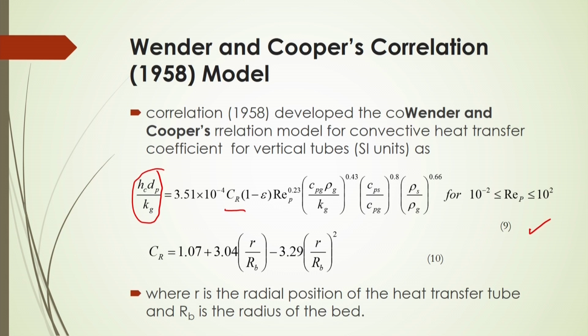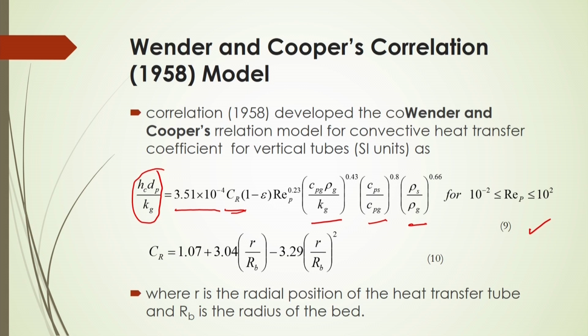So, they considered that correction factor, and also other operating variables, to develop these correlations. According to their correlation, it is a multiple of this number into C_R into (1 minus epsilon) into Re_p, and then these groups also, and some other dimensionless groups.